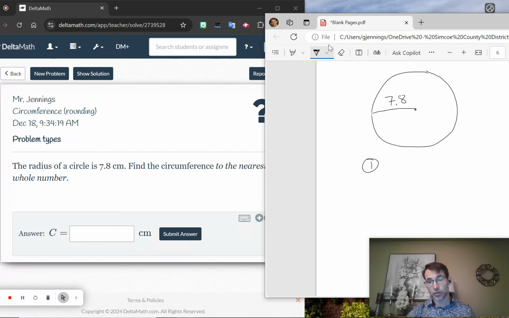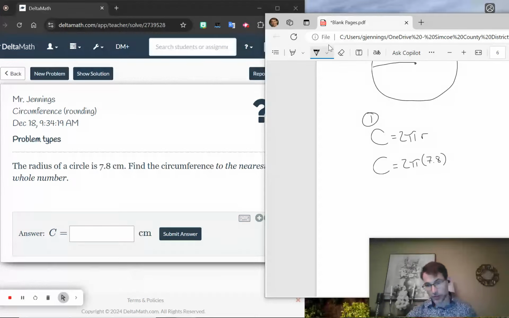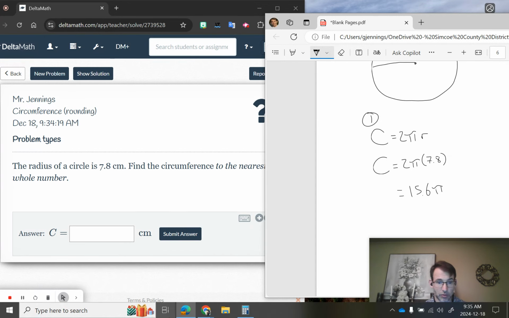One is to work with this formula: circumference equals 2 pi r. That's one of your options, so you just plug and chug. C equals 2 times pi times 7.8. That happens to be 15.6 pi, because 7.8 times 2 is 15.6.